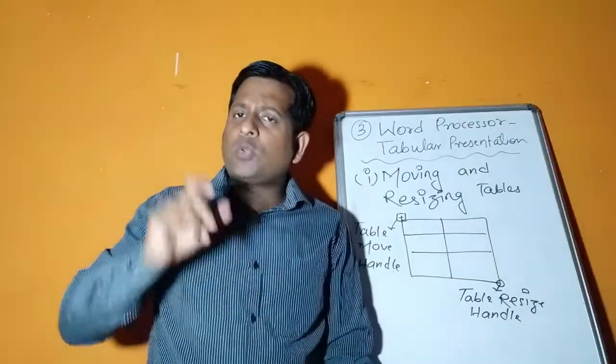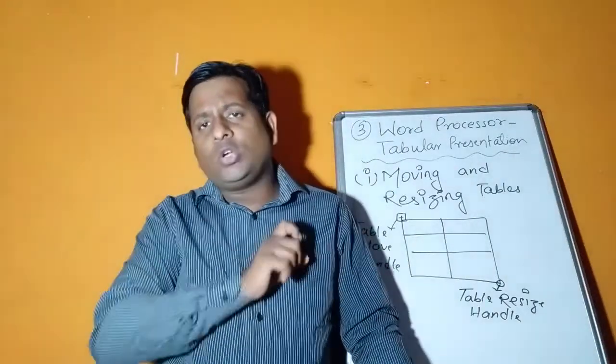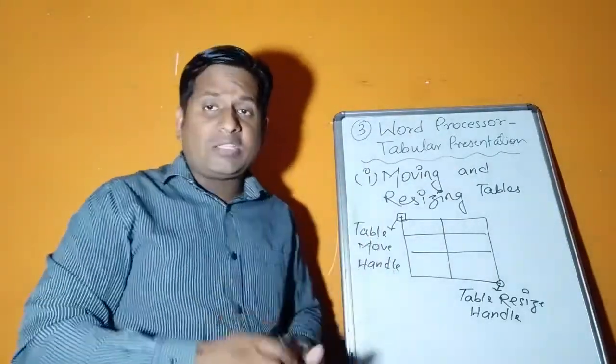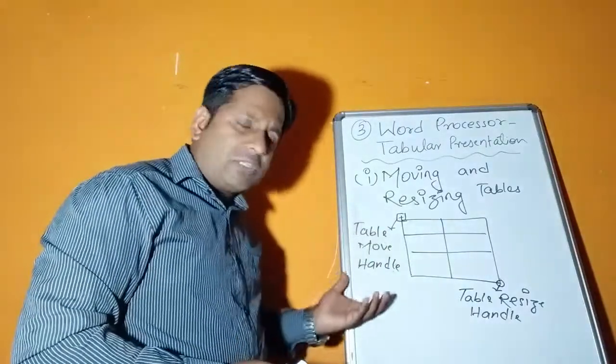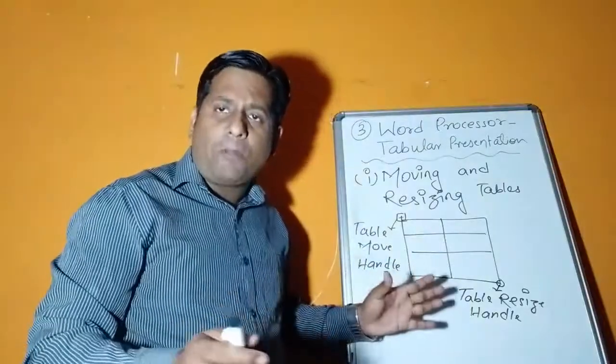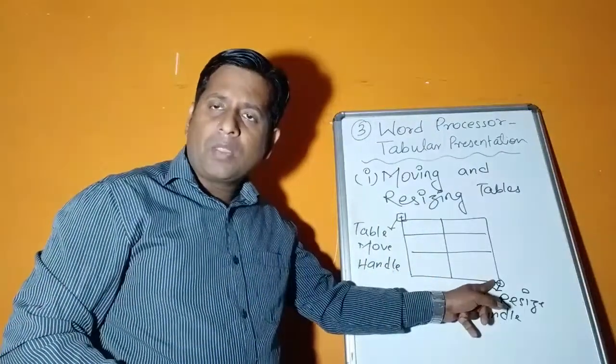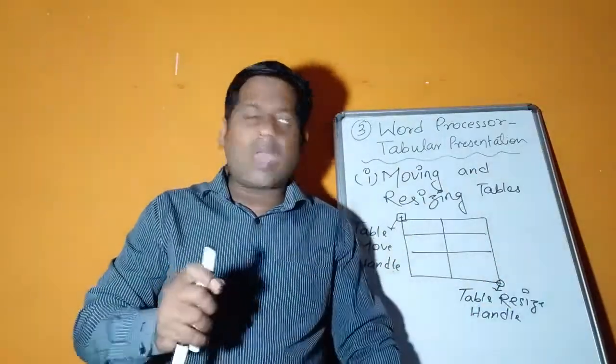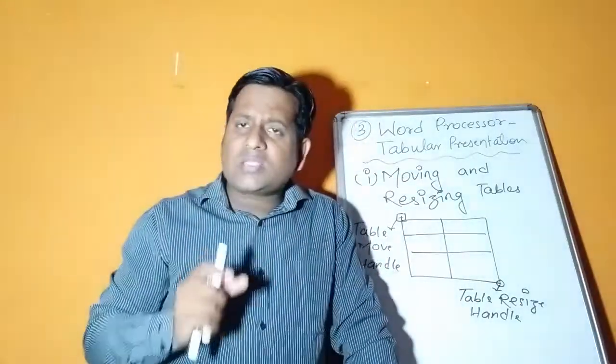For drag and drop, you need to click the left mouse button and move it, but don't release it. If you are moving the table, you need to click here. And if you are resizing, means making it small or big, you have to click here. So this is the concept of how we can move and resize the table.